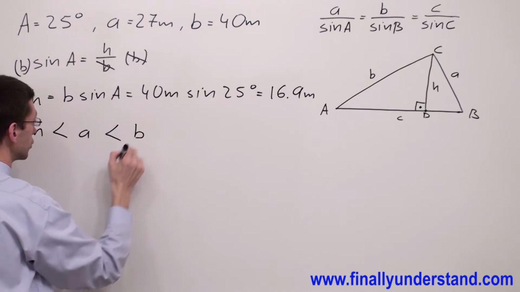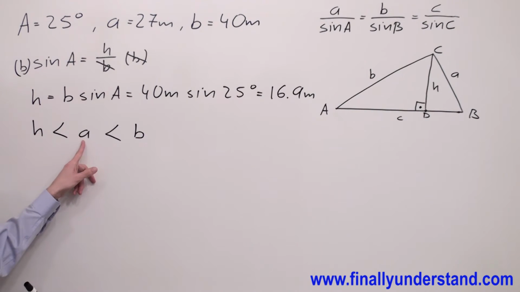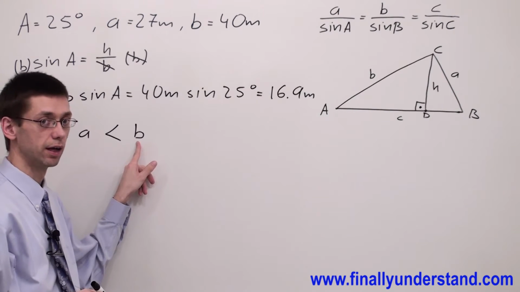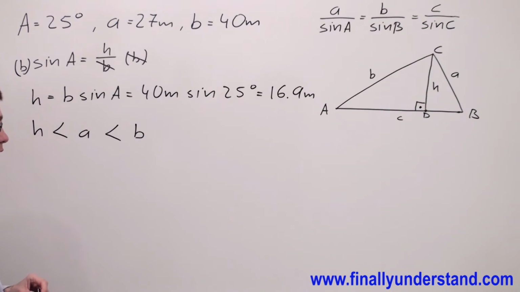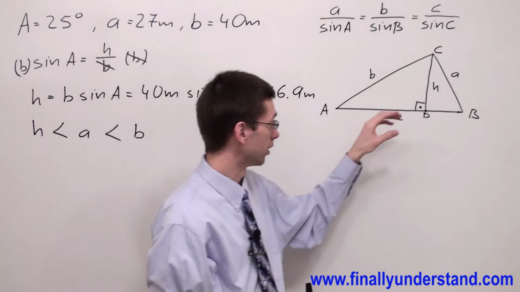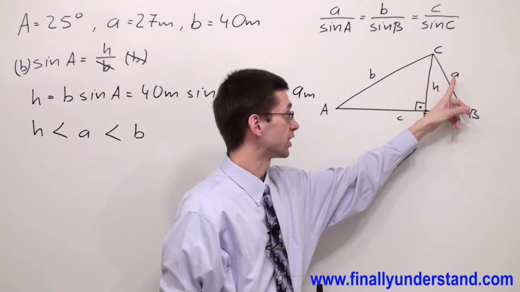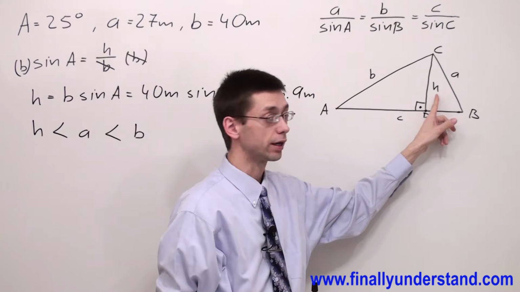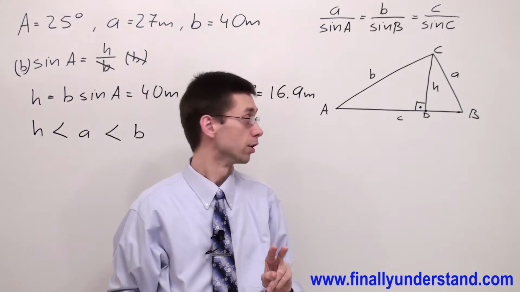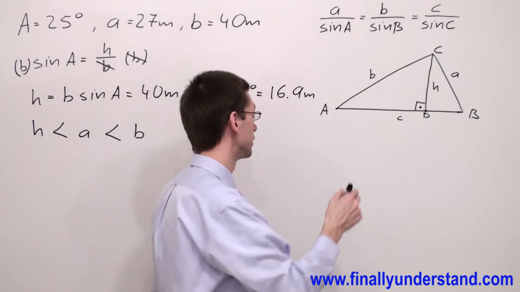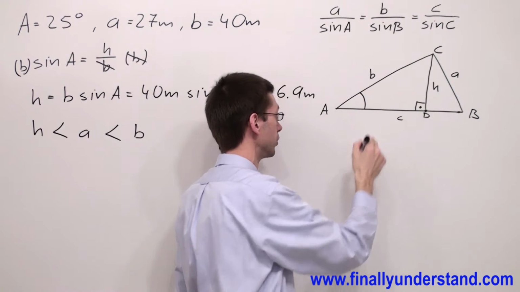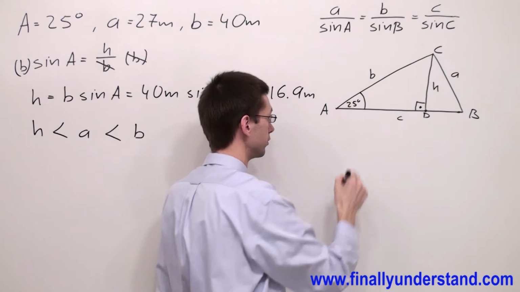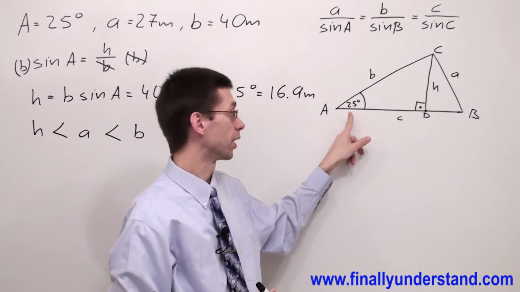Okay, so please also notice that side A, the opposite side to the angle, is less than the adjacent side. This is very important because if side A is longer than H, we can make two triangles without changing the size of angle A. Remember, this angle has to always be 25 degrees in this problem.